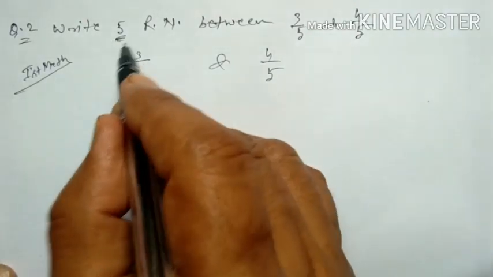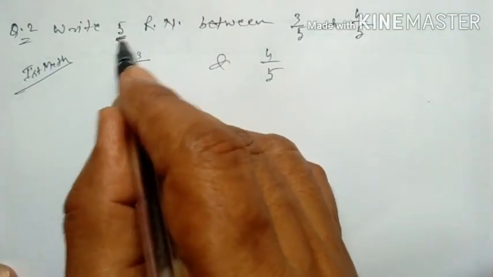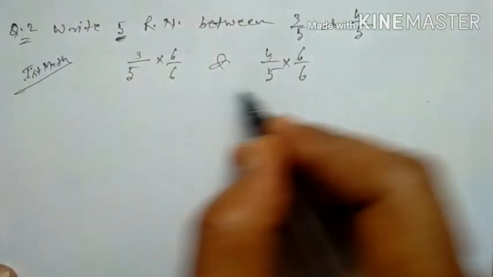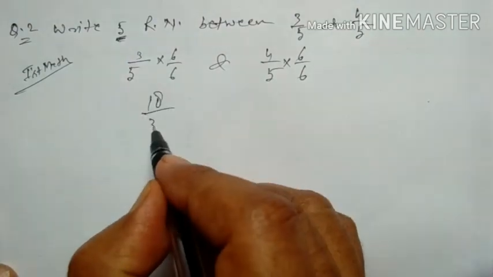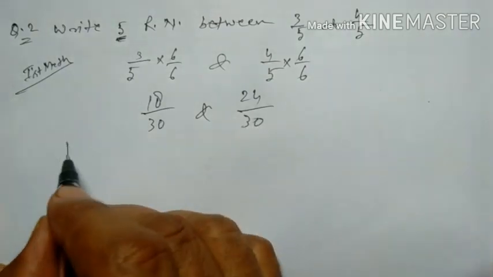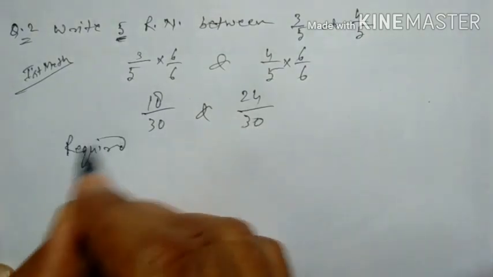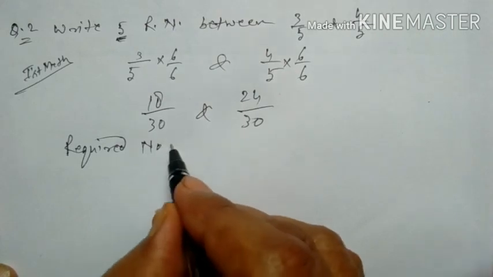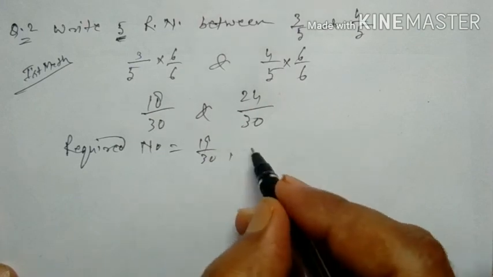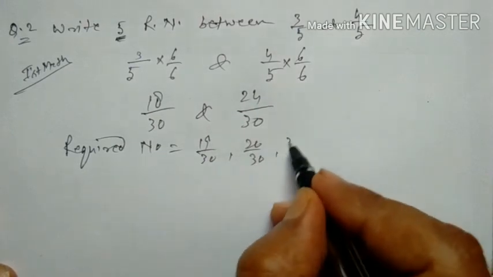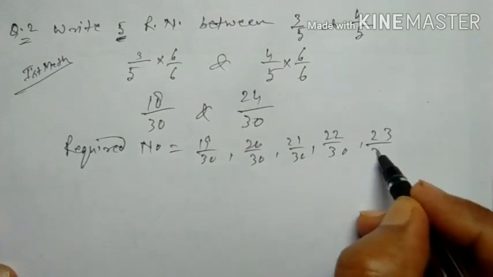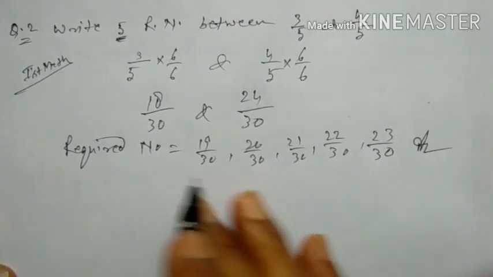So it becomes 6 by 6, 6 threes are 18 by 30, and 6 fours are 24 by 30. So the required numbers are between 18 and 24. After 18: 19 by 30, 20 by 30, 21 by 30, 22 by 30, 23 by 30. These are the required numbers.